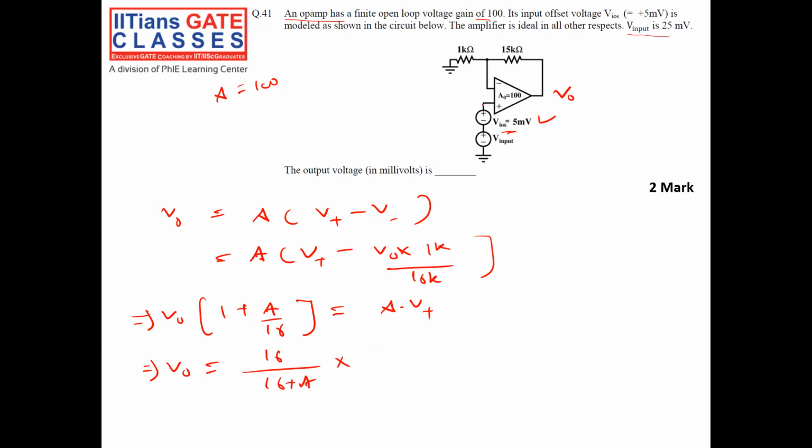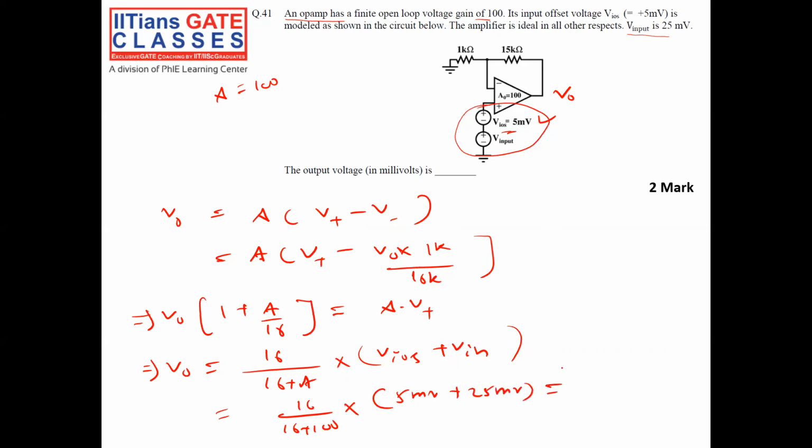V positive is nothing but VIOS plus V input. Okay, I'll plug in the values: 16 by 16 plus 100, where 100 is the gain, into VIOS which is 5 millivolt plus 25 millivolt.